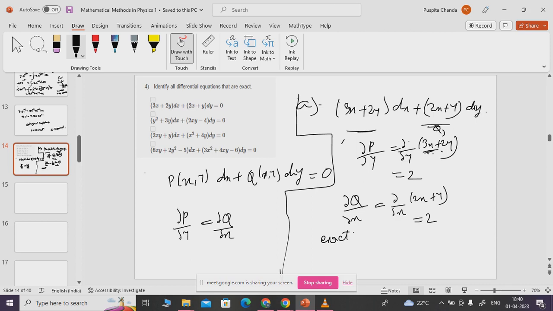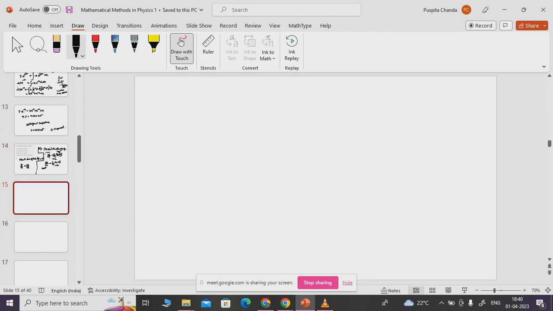Here for del y, 3x is constant, but 2y is a variable, so we are doing partial differentiation with respect to y. Here partial differentiation with respect to x.